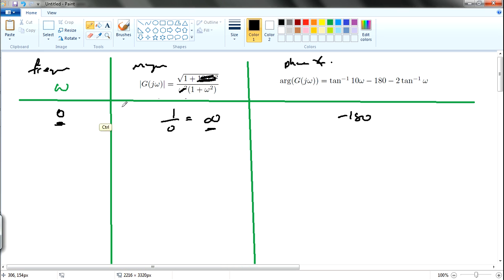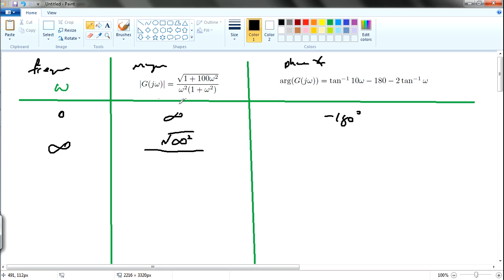The next point we need to plot is when the frequency is infinity. In this case, infinity squared, because infinity compared to 1 is negligible.